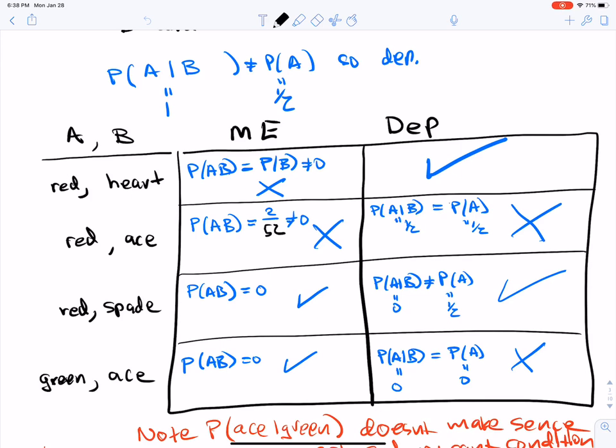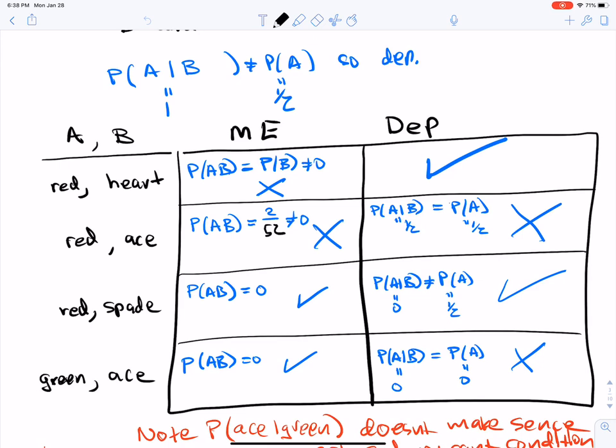If A is red and B is heart, those are not mutually exclusive because you can have a red heart. However, as we just said, it is dependent.